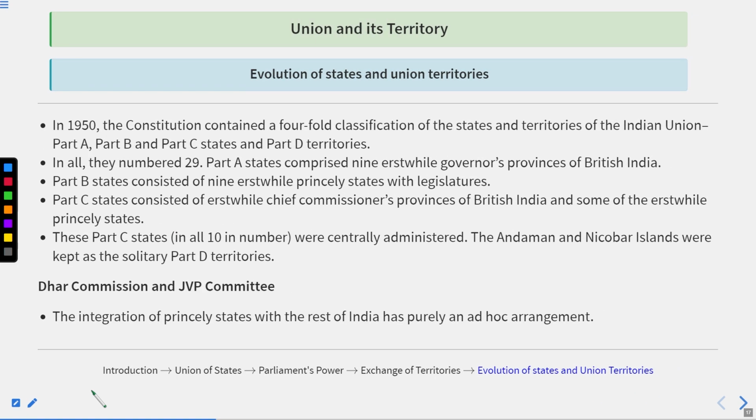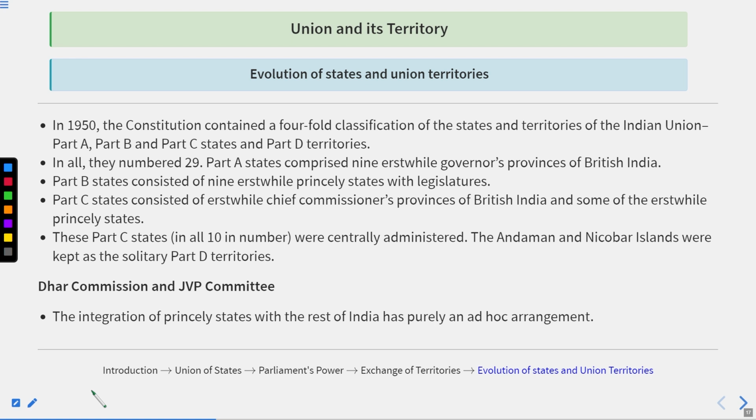In 1950, the Constitution contained a fourfold classification of states and territories of India: Part A, Part B, Part C, and Part D territory. So basically, whatever area we had at that time, that particular area was divided into four parts.